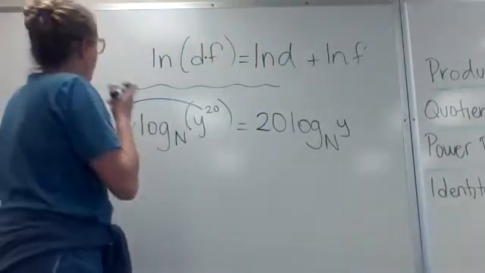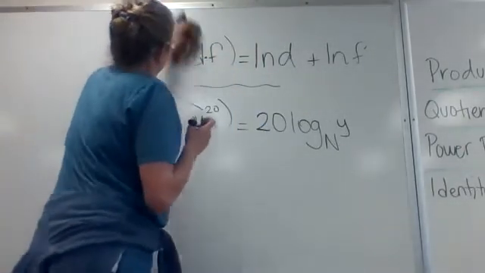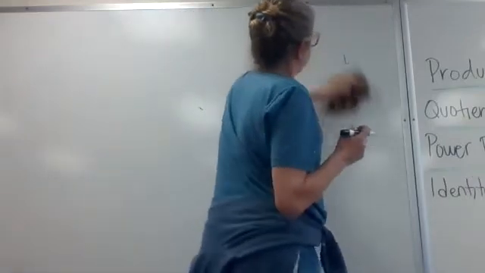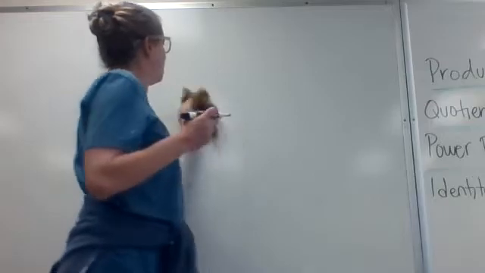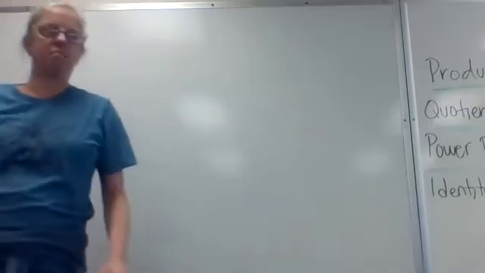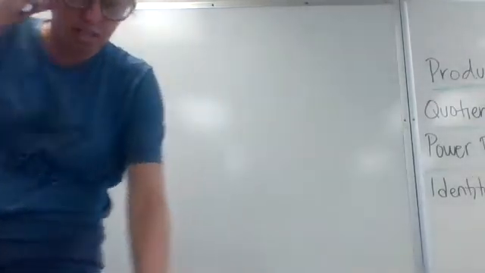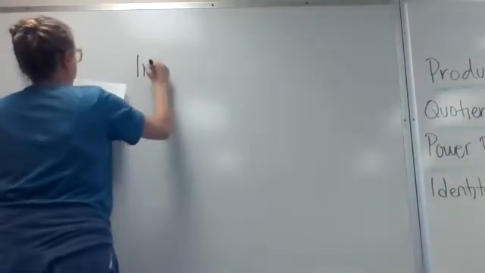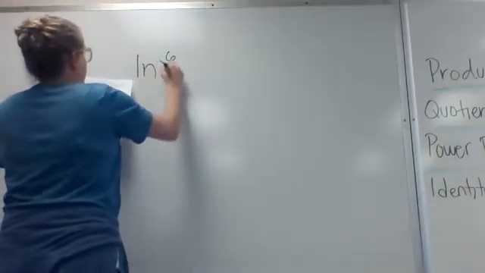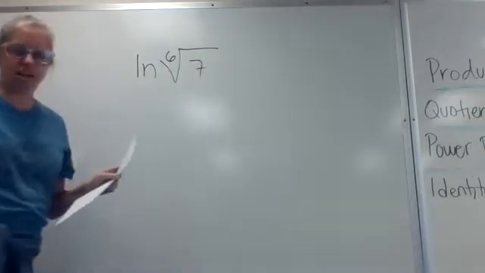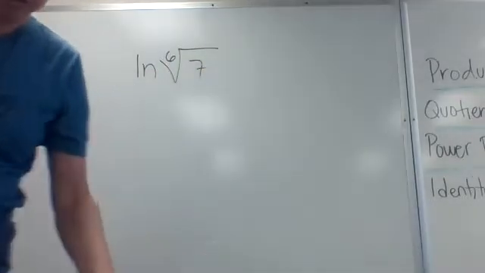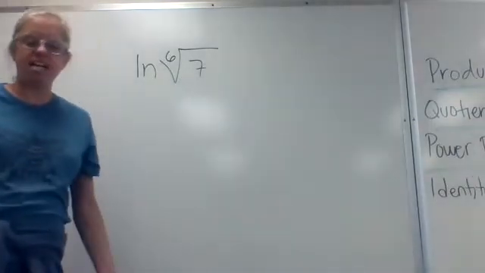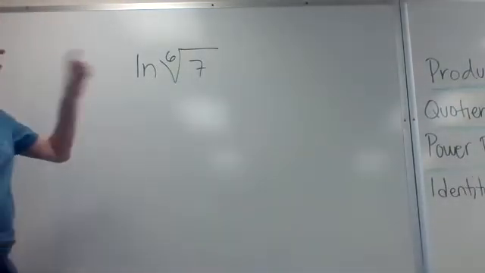Express as a product. So it's going to be the same rule as that last one we did. When it says to express as a product, that means to bring the exponent of that log down and make it times the log. So we have ln of the 6th root of 7. So what is the exponent? I don't even see it yet. Remember, we did a little bit of this in the last class.